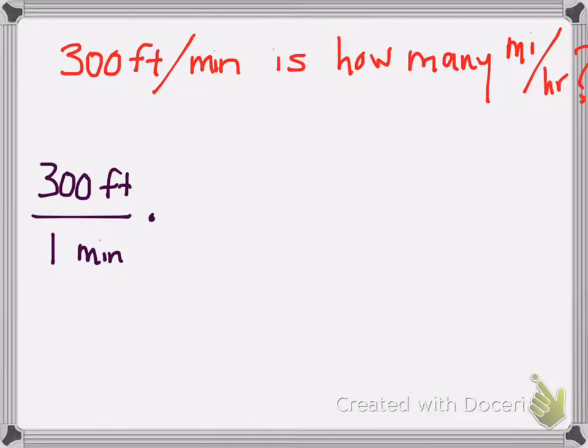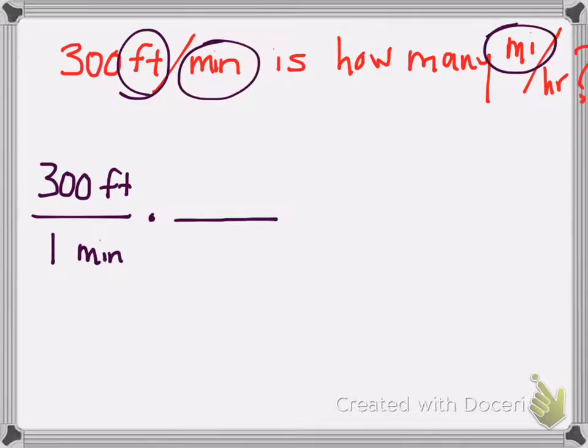Now, I want to get rid of feet and change them into miles. And I want to get rid of minutes and change those into hours. So I'm going to need two different conversion rates. So let's do the feet to miles first. I want to get rid of feet, so I need to make them opposite sides.